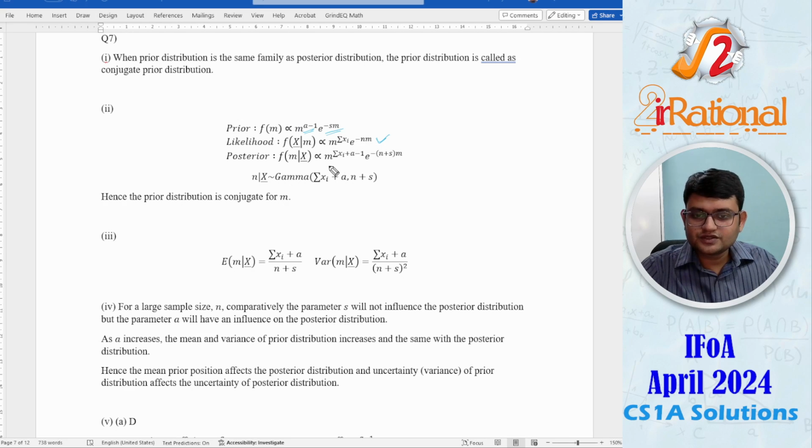For the posterior, we'll just multiply these two and we get m raised to summation x plus a minus 1, e raised to minus (n plus s) times m. So you can compare it with the prior distribution, and that is nothing but a gamma distribution. So our posterior is a gamma distribution with the parameters summation x plus a and n plus s. Hence, the prior distribution is conjugate for m.